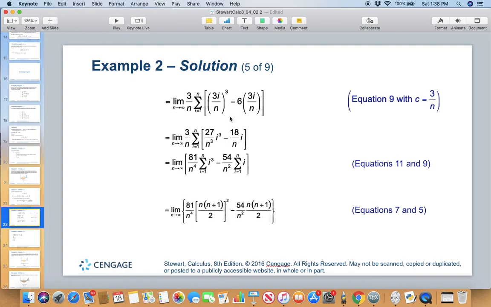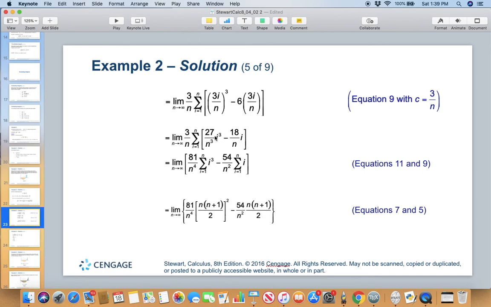Okay, so simplification. Cube: 27 i cubed over n cubed, minus 6 times 3, 18 i over n. Good. Now look, you have 3 here, we have multiplied it in: 3 times 27 is 81, n times n cubed is n to the power 4.